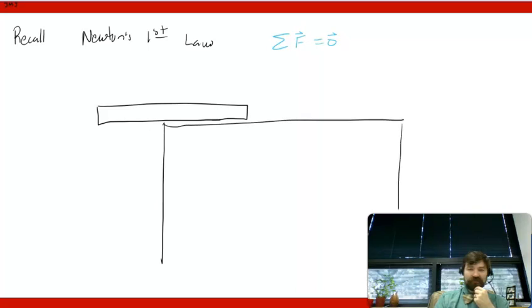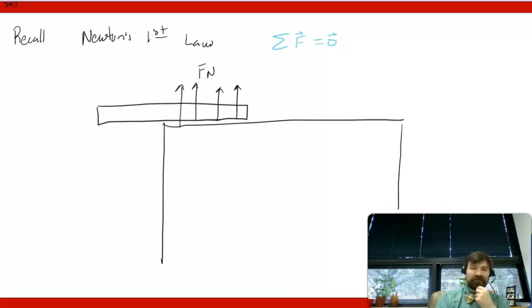So it's on the edge of a table, and we have some normal force acting upward on the board from the table. It actually acts upward at each point of contact between the board and the table.